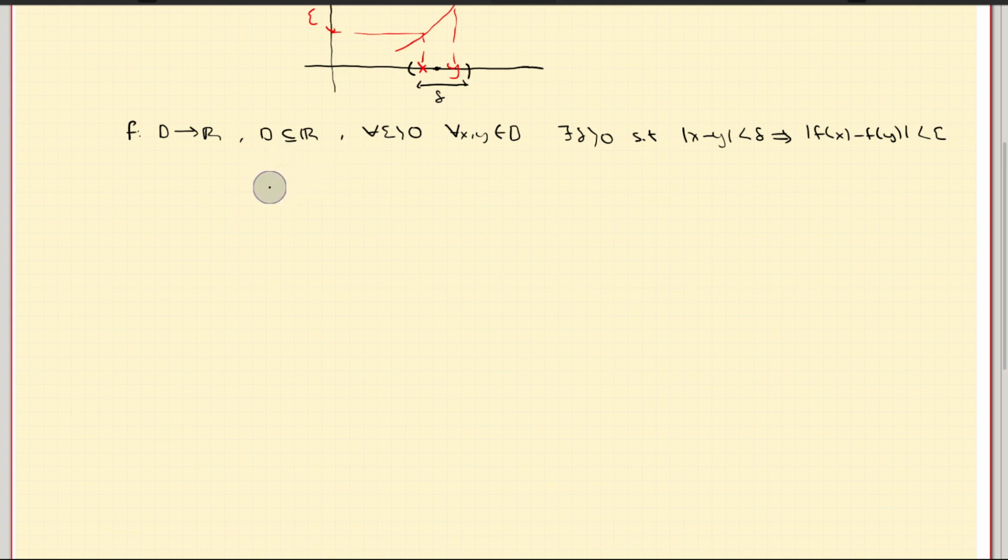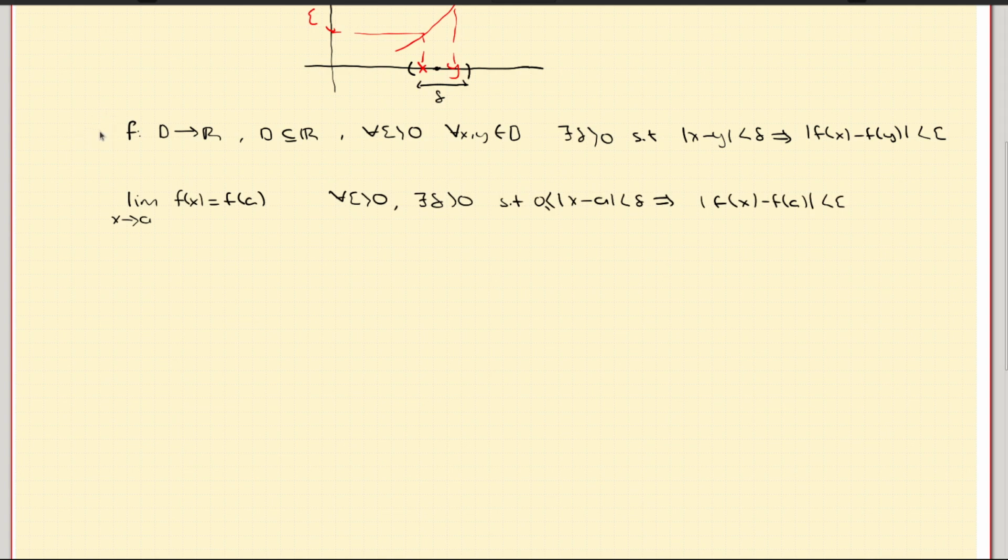So what is the difference between uniform continuity and ordinary continuity? The definition of ordinary continuity is that a function should take its limit value at a point, right? If the limit of f(x) as x goes to a is equal to f(a), then we say that this function is continuous at the point a.